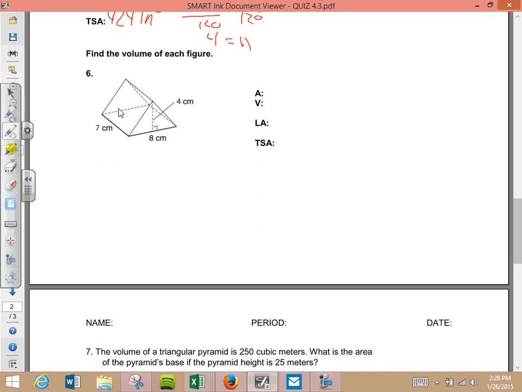Where's the base? Somebody said the bottom. The triangle is the base. Say it again.